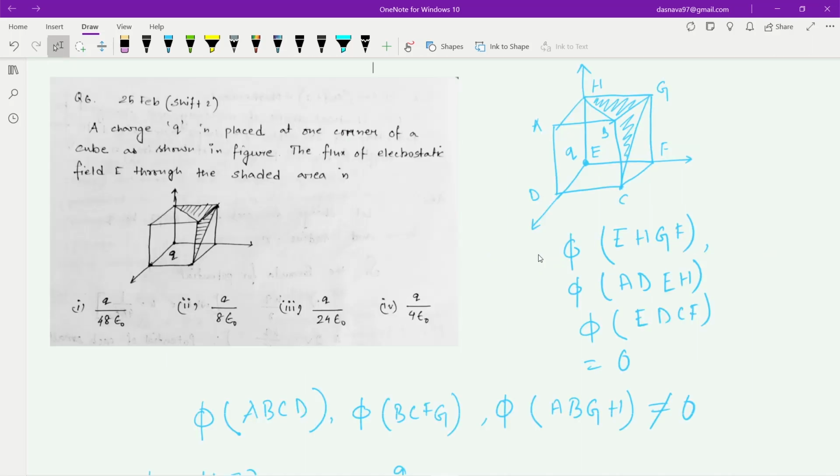Now as you can see, the shaded region lies only on two sides opposite to the charge Q, and it lies only on half the portion of each side.